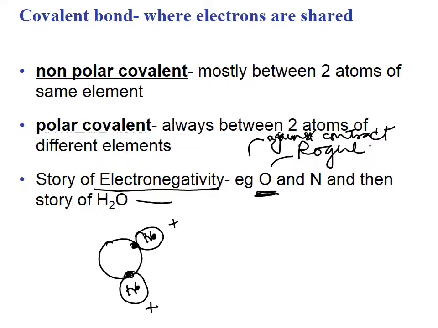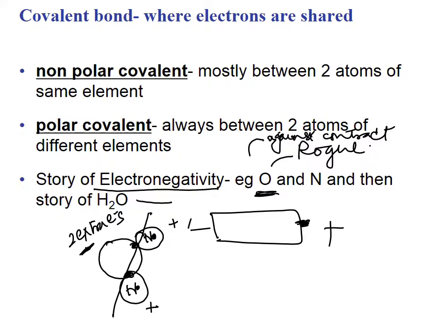And on this side, because of 2 extra electrons, oxygen is slightly negatively charged. So you can see polarity kind of like how you would see in a battery. One side of it is positive, another side of it is negative. Okay, and that is what a polar covalent bond is.